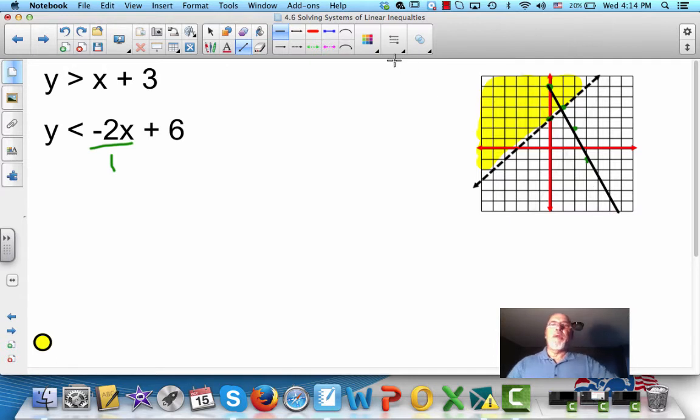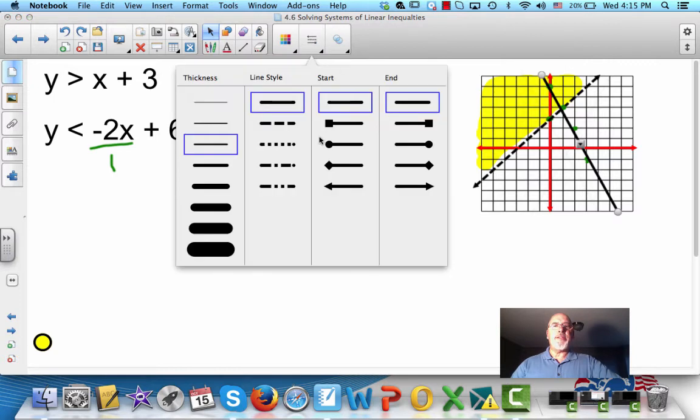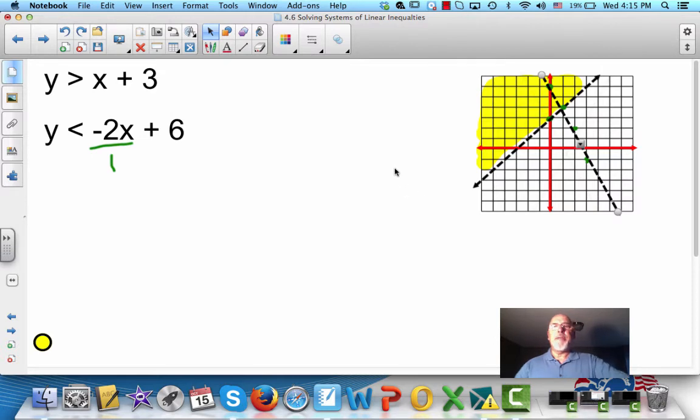And extend it in the top part. Now this line says less than, so that means it's going to be a dashed line. Put our arrows on each end of the line. Please don't forget to do that.